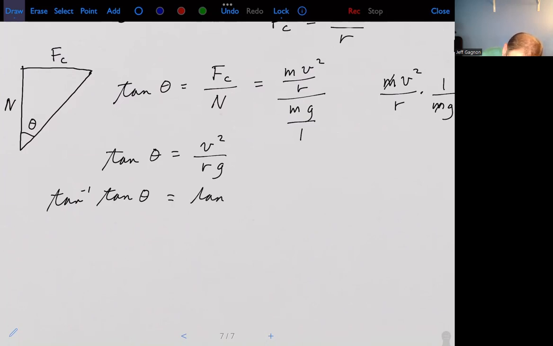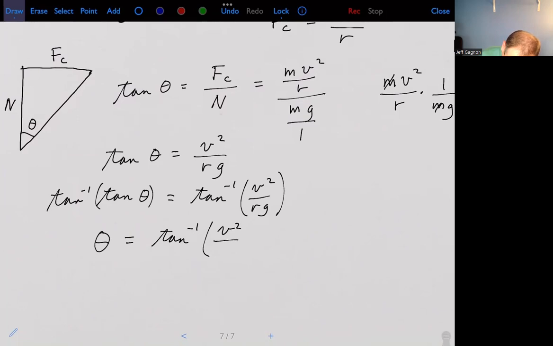Whatever I do to one side, I have to do to the other side. Inverse tan of tan undoes it, so you just get the argument theta. That's got to be inverse tan of v squared over rg. And that's what we're asked to show, so we showed that that's the correct formula.